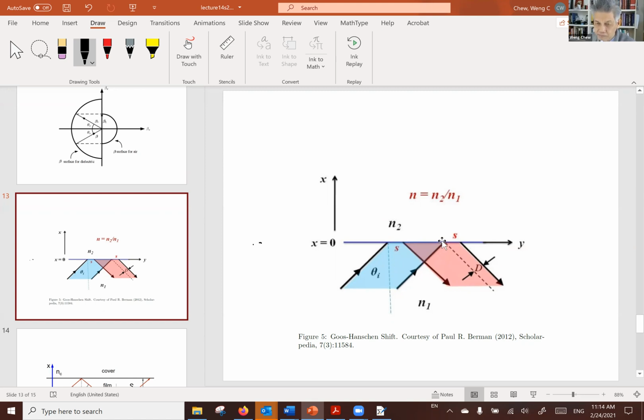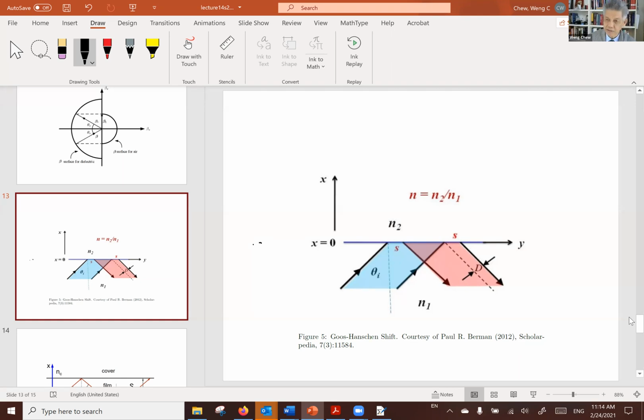The wave will come in here, but it will hobble around at this interface for a little bit before it gets reflected. That is called the Goos-Hänchen shift. And you can actually simulate this on the computer if you have the numerical software to do that. This is quite an interesting phenomenon.